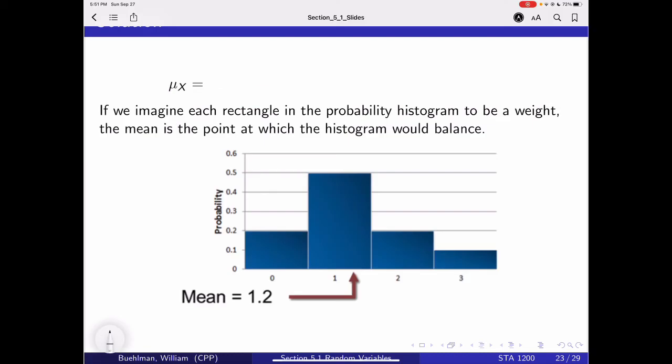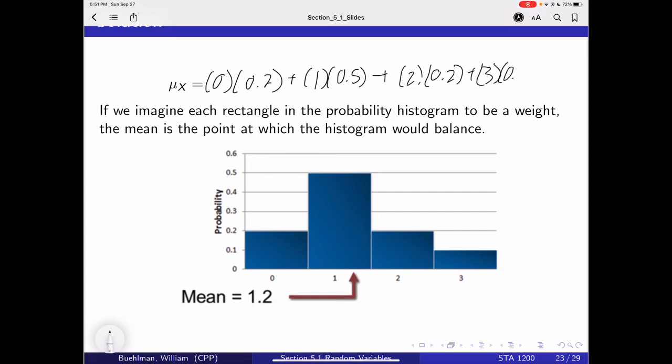From our formula, mu of x was each x times the probability that happens. So we have 0 pixels times that probability, which is 0.2, plus 1 pixel times 0.5, plus 2 pixels times 0.2, plus 3 pixels times 0.1, which gives us 1.2.